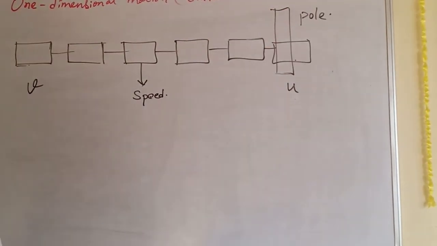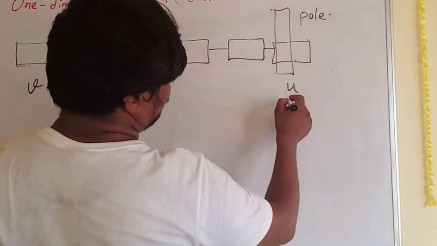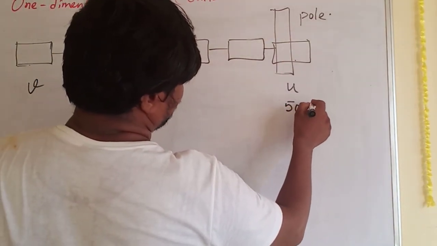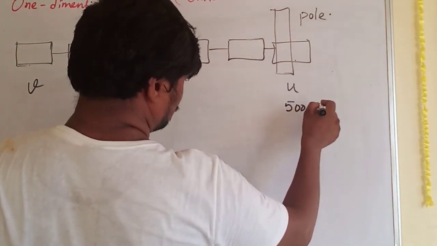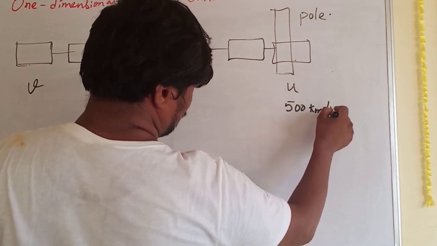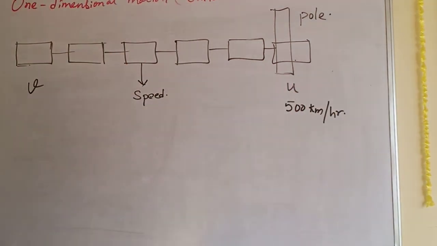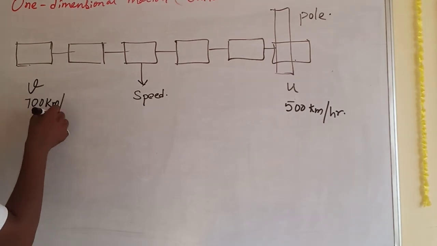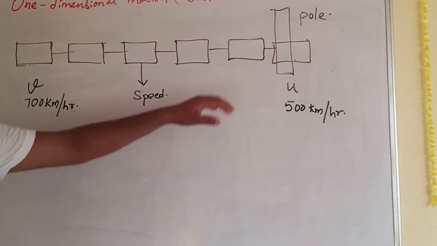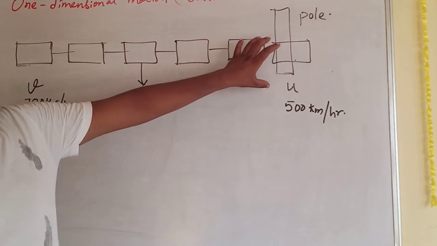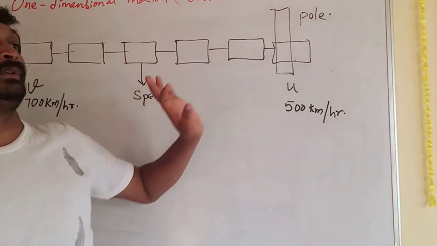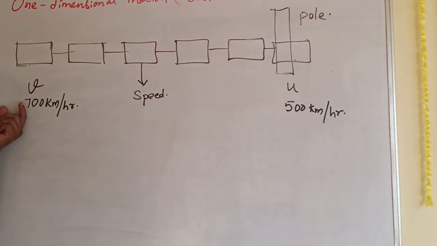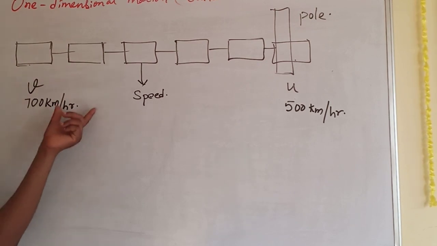Say they have given in your question that this was 500 kilometer per hour. This is the first one's speed, and for the last one they have given 700 kilometer per hour. These are the speeds when the first compartment passed through that pole, and when the last compartment passed through that pole it is 700 kilometer per hour.